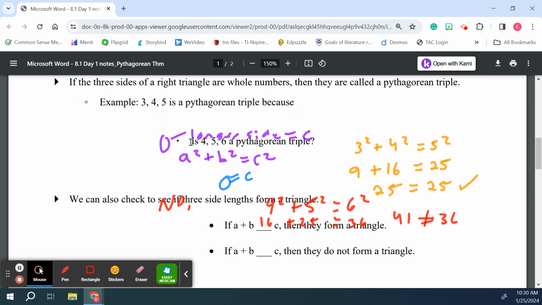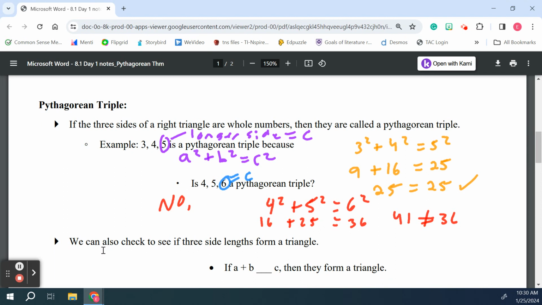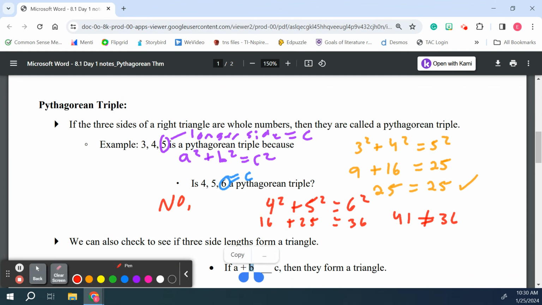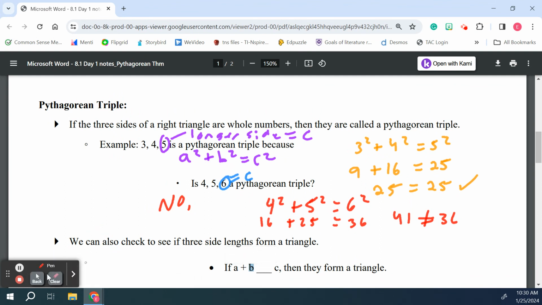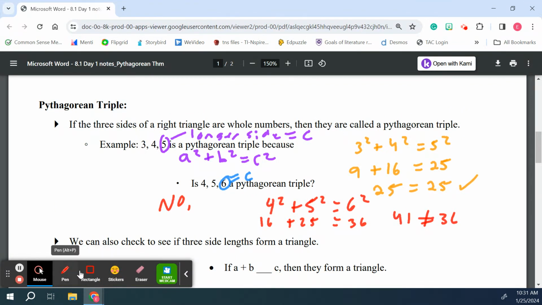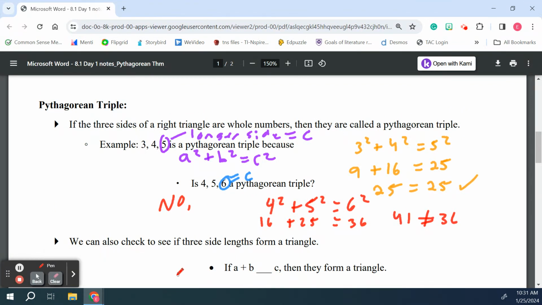All right, so it also says here, we can also check to see if 3 side lengths form a triangle. So if A plus B is greater than C, they form a triangle.